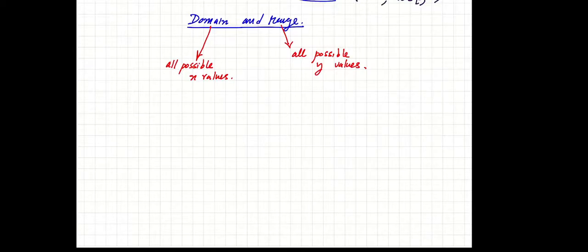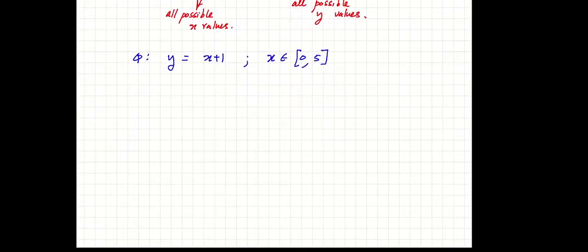Small example. Suppose y is equal to x plus 1. I'm going to give a domain from 0 to 5. That means I'm going to draw this from 0 to 5. If you have 0, it starts from 1.